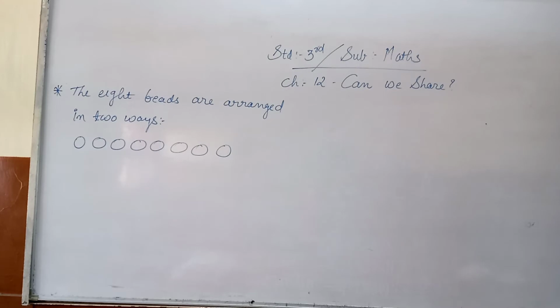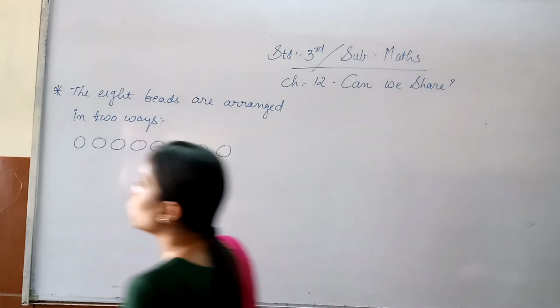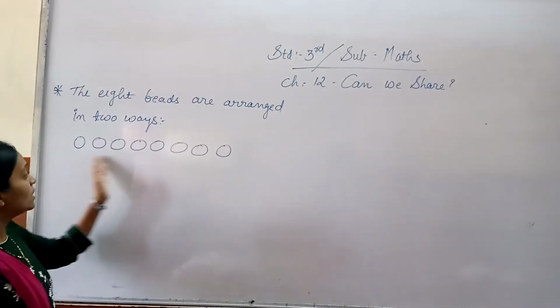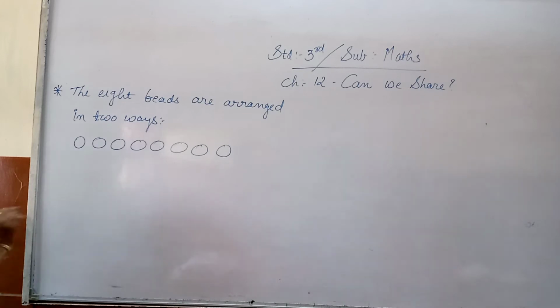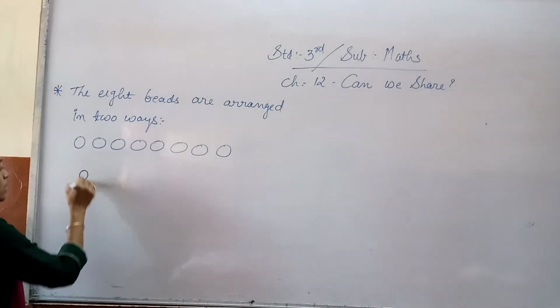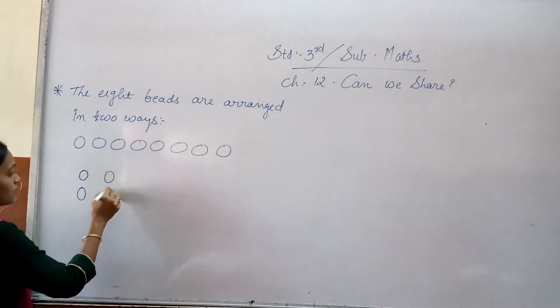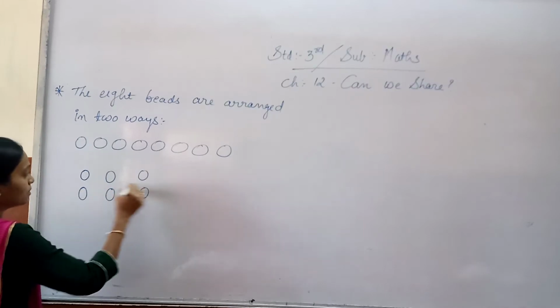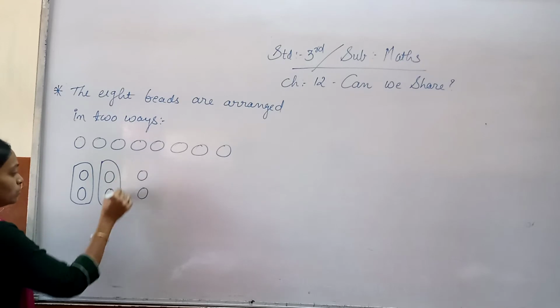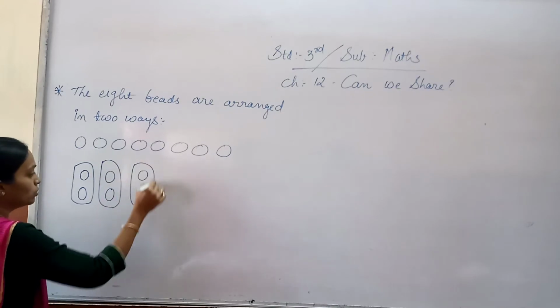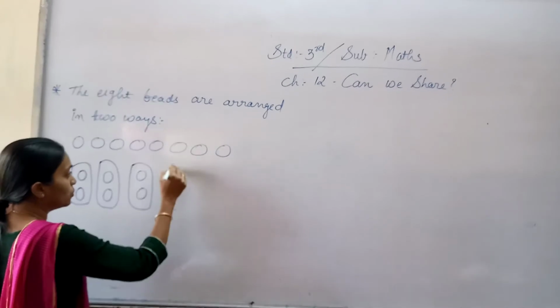Now here you can see the 8 beads are arranged in 2 ways. Here you can see 8 beads are drawn. We'll make 2 different groups. First we'll make 4 equal parts from these beads. This is 1 group, 2, 3, third group, and fourth group.